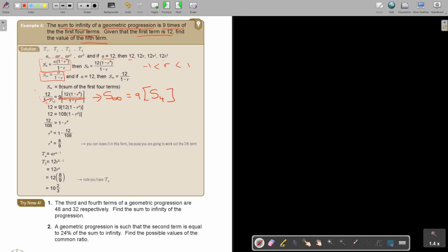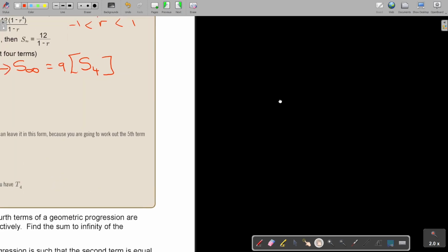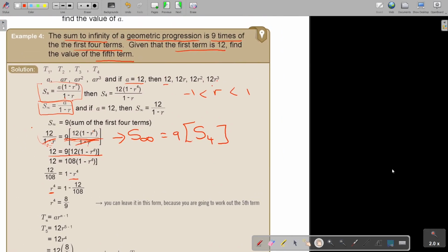So basically, it cancels out, and that's what happened there. And now I just multiplied in and I got this. And then I divide and I got this. And then I take this one over so that it becomes positive and I get 8 over 9.